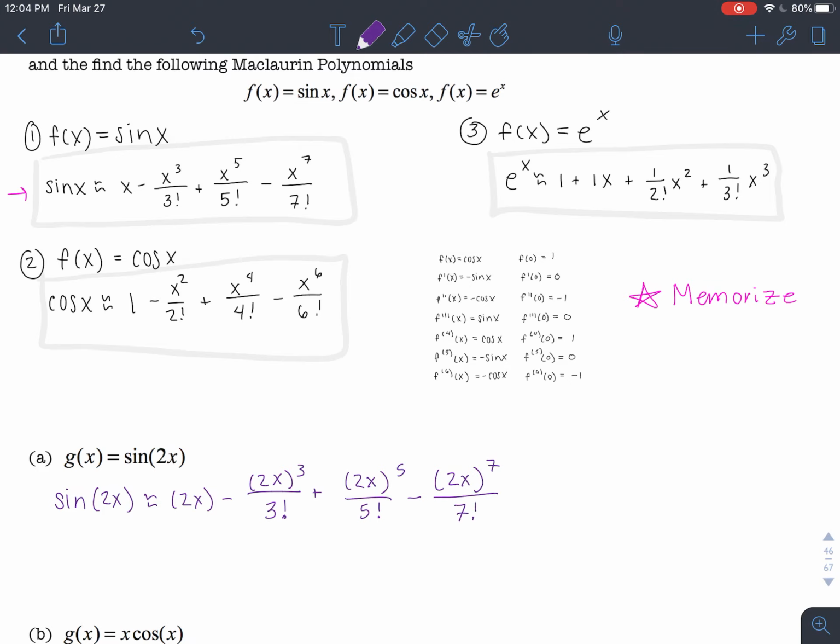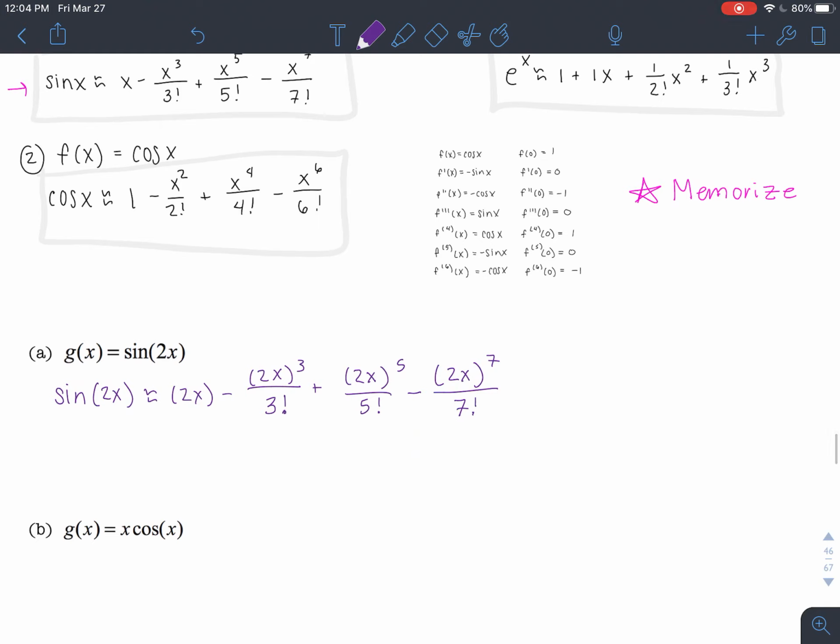Plus 2x to the 5th over 5 factorial minus 2x to the 7th over 7 factorial. In theory, you could leave it like that. If you want to simplify it, that's going to equal 2x minus 8x cubed, and then 3 factorial is 6.